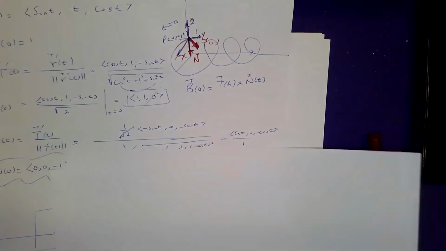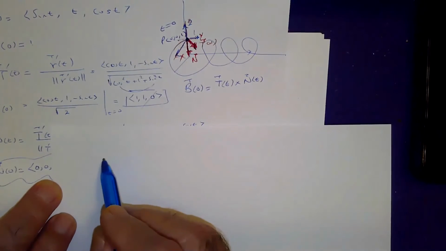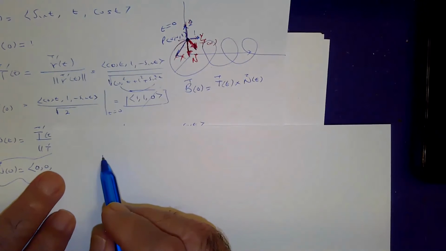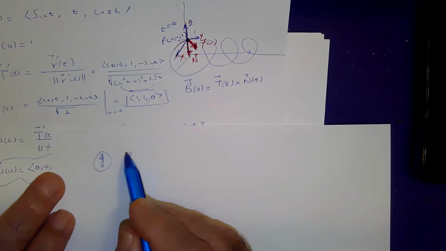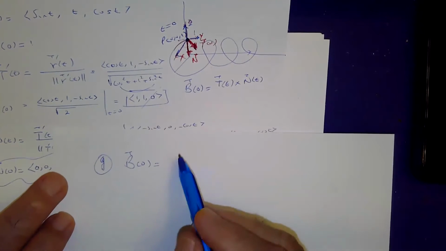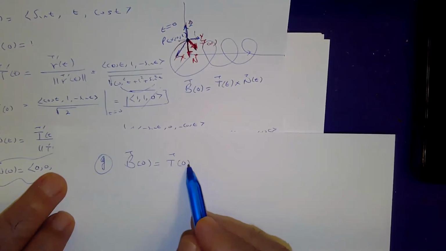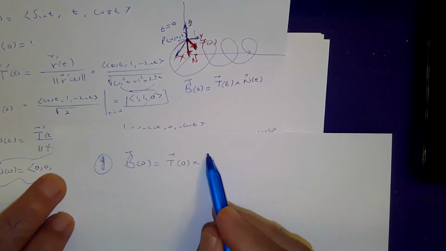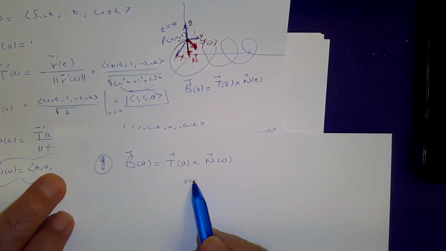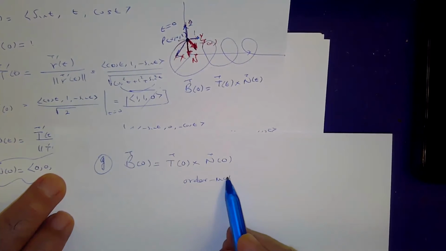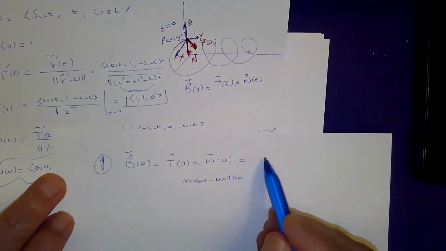That means if part G wants me to find the binormal vector, all I have to do is take the cross product of T with N. By the way, the order matters. The order very much matters.